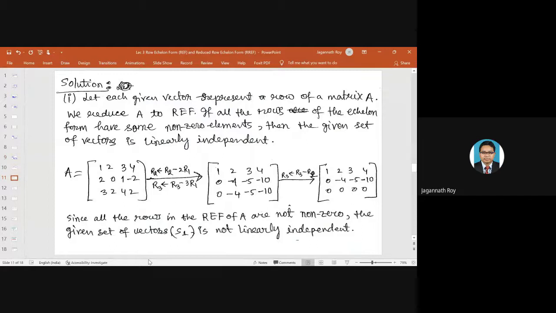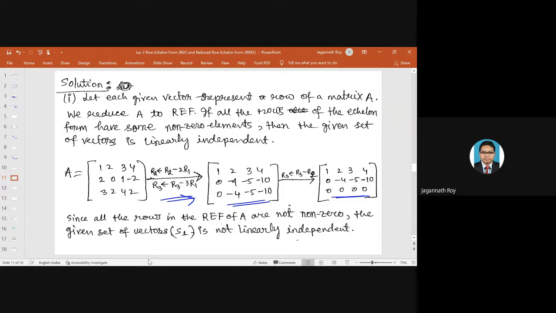Here, we take the 3 vectors, write them as rows of a matrix, then apply row operations and try to find out whether all 3 are linearly independent or not.